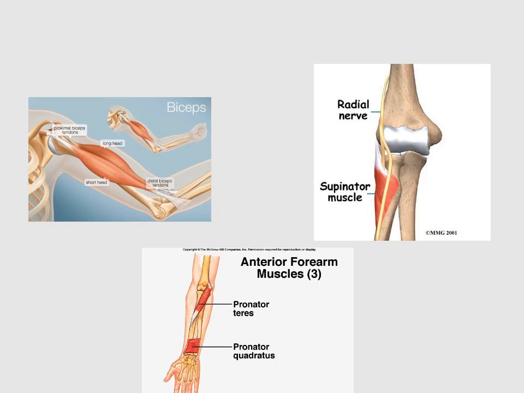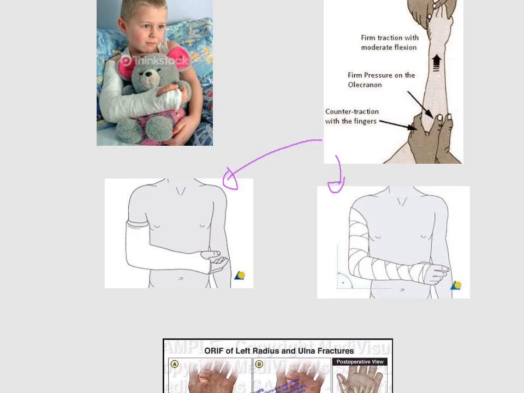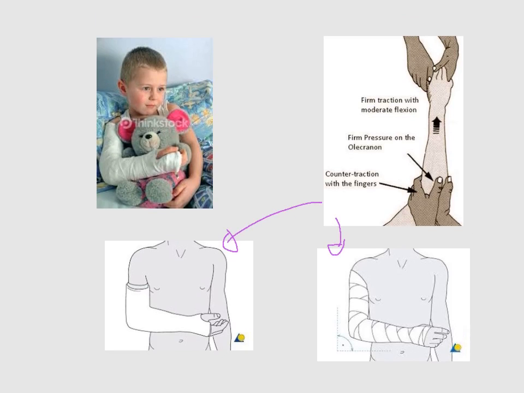If the fracture is proximal or above the insertion of pronator teres, then we fixate the cast in supination position. If below the pronator teres, we put the cast in a neutral position. This is a neutral position, and this is supination position. This is about children's treatment of radial and ulnar fractures.